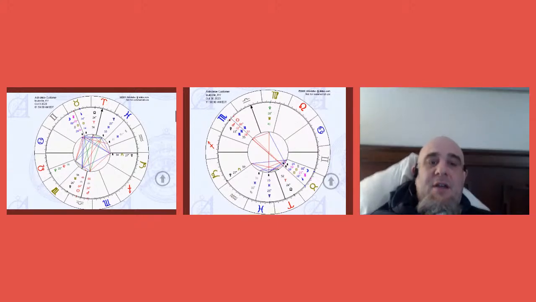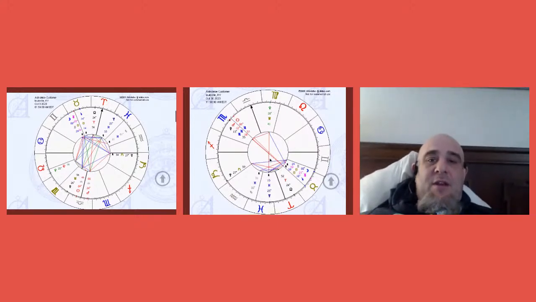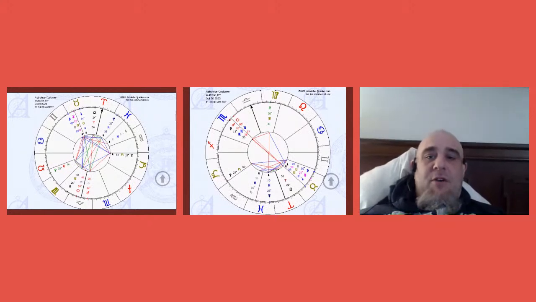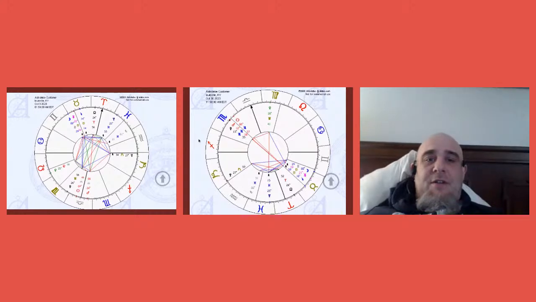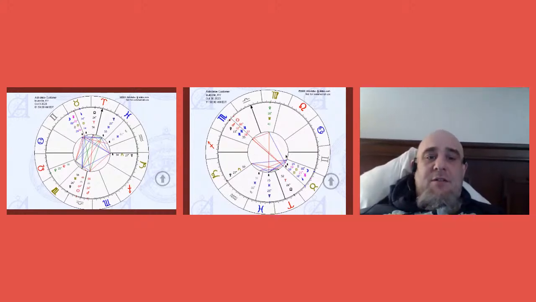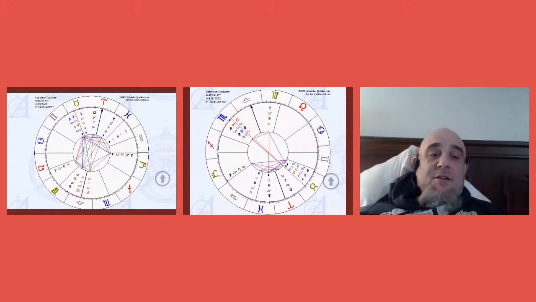You see how there aren't as many aspects, because this is the lunar return chart for October 3rd, and this is October 30th. There aren't nearly as many aspects between the planets on this day than on this day. That means the month from October 30th until the next one is going to be a lot calmer than this one right here. This one right here means a lot of scattered energies.